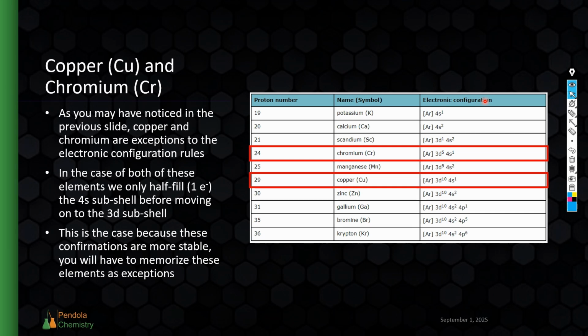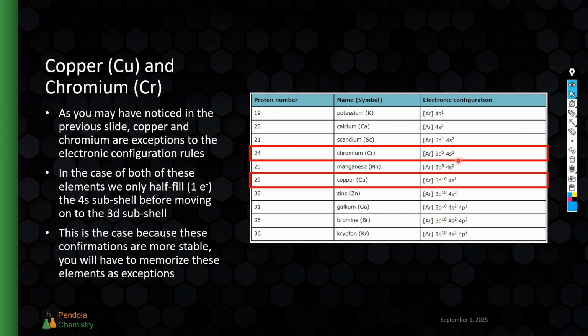So in the previous slide, you may have noticed that copper and chromium do not follow the rules for electron configuration. In the case of both copper and chromium, the 4s sublevel or subshell is actually only half filled before moving on to the D sublevel. So you can see here for chromium, we go argon and then 3d5, 4s1.